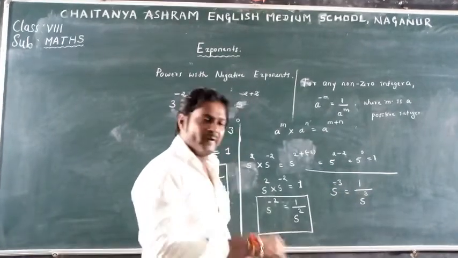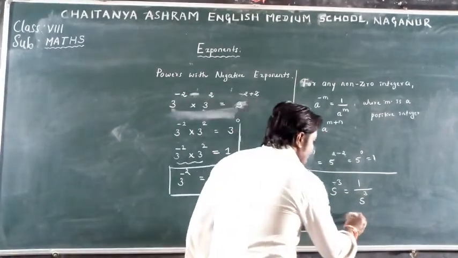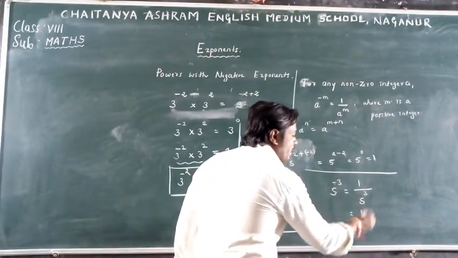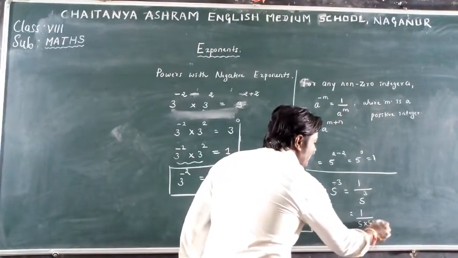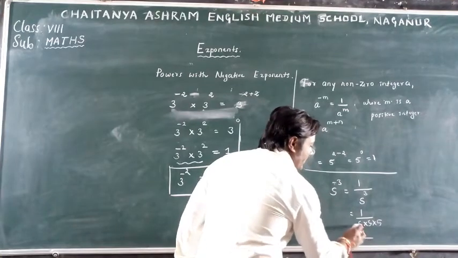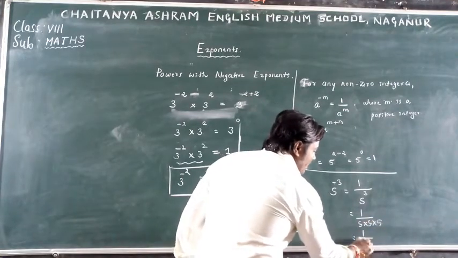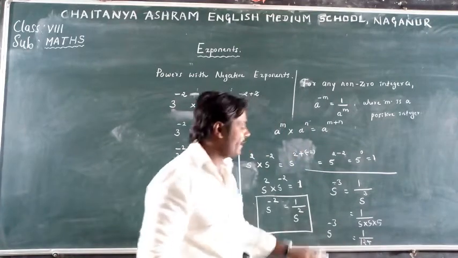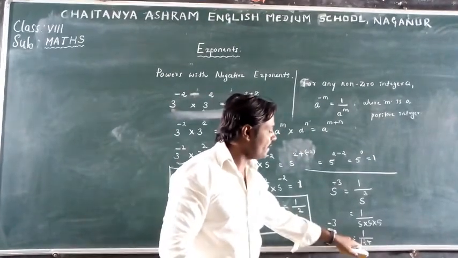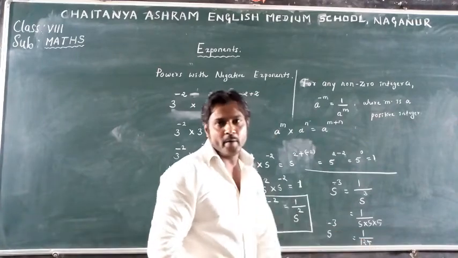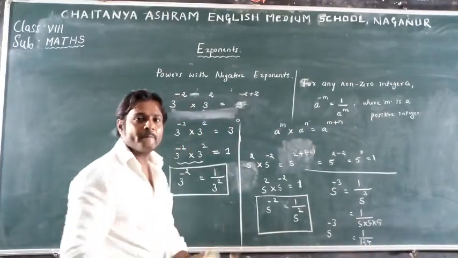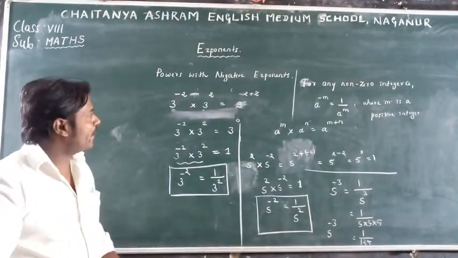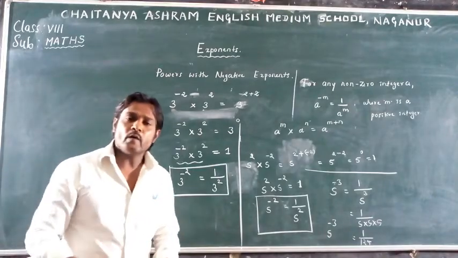Further we can simplify this. It is equal to 1 divided by 5 to the power 3, meaning 5 into 5 into 5. 5 times 5 is 25, 25 times 5 is 125. So the value of 5 raised to the power minus 3 is 1 divided by 125. Understood?